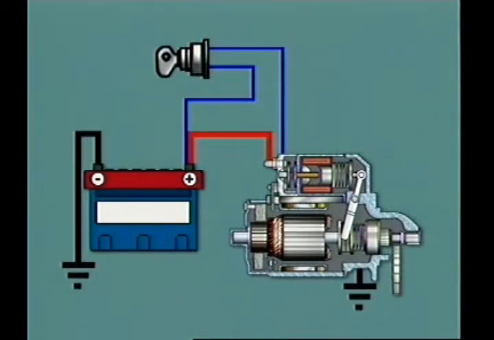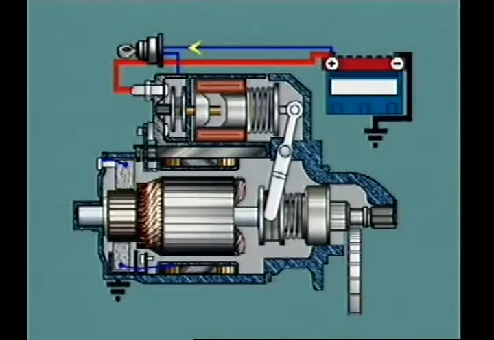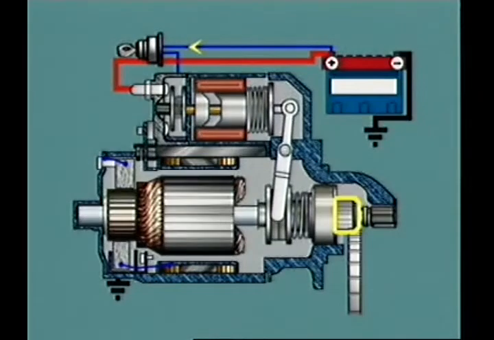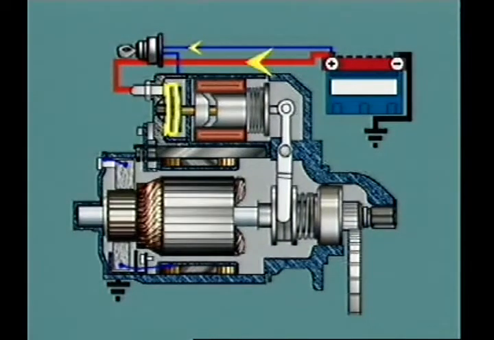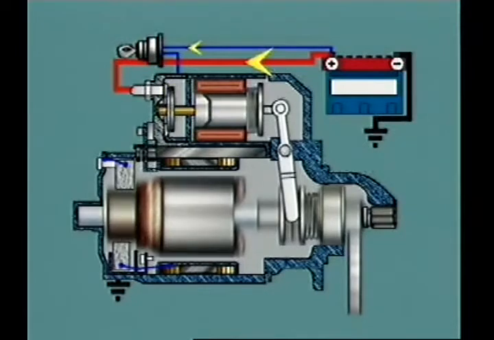This allows a relatively small current to flow to a starter solenoid relay and operate a plunger attached to a drive pinion engagement lever. Plunger movement engages the drive pinion with the ring gear and closes a set of heavy-duty contacts, allowing a large current to flow from the battery to the starter motor, rotating the armature and drive pinion and causing the crankshaft to spin.